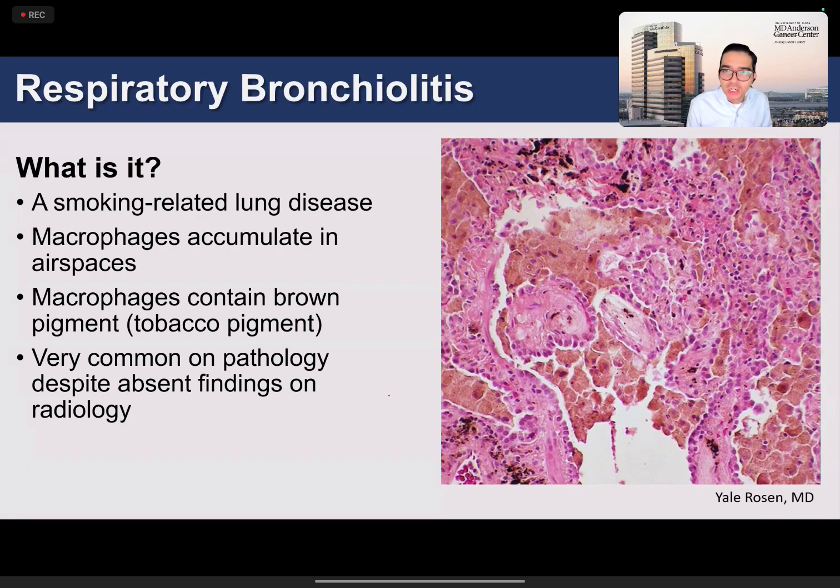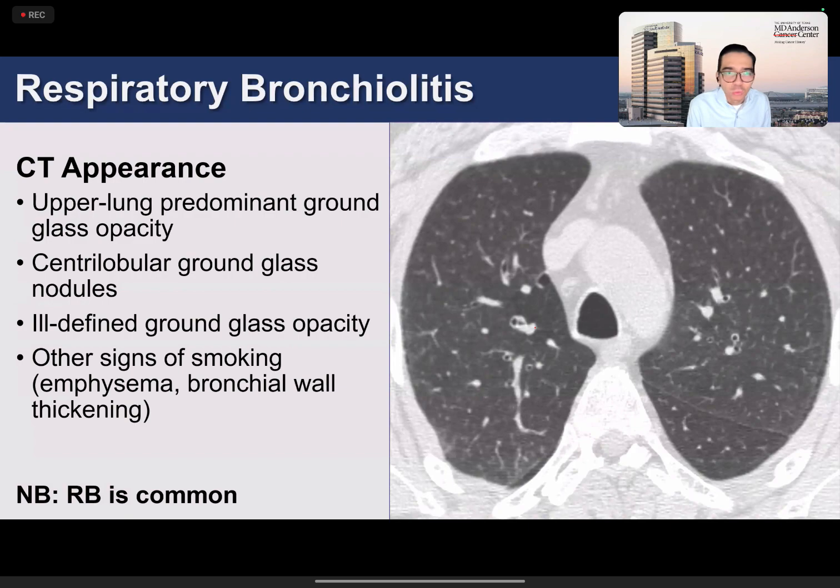Respiratory bronchiolitis, or RB, is a smoking-related lung disease where you have macrophages accumulating in the air spaces, and you have these tobacco-laden or pigment-laden macrophages. It's very common on pathology, even though some patients may not exhibit signs on radiology. What you're looking for are very faint ground glass opacities that tend to be in the upper lungs of a smoker, okay?